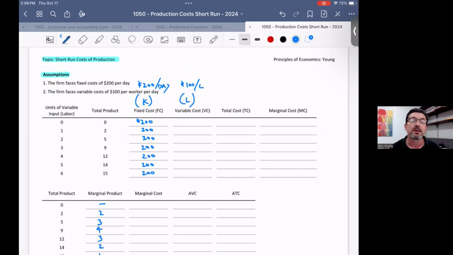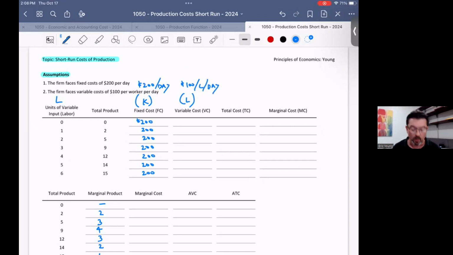On the other hand, we can vary the number of workers that we hire. We can hire 0 or 1 or 2. It doesn't really matter. Labor, we can vary that. We can hire as many workers as we choose at a price of $100 per worker. We'll say $100 per L per day.